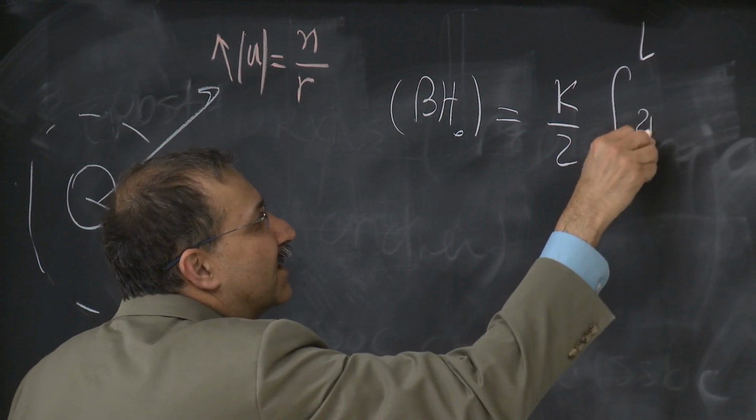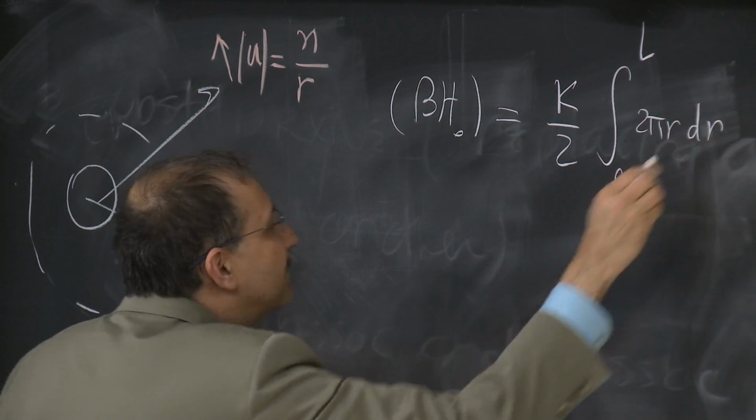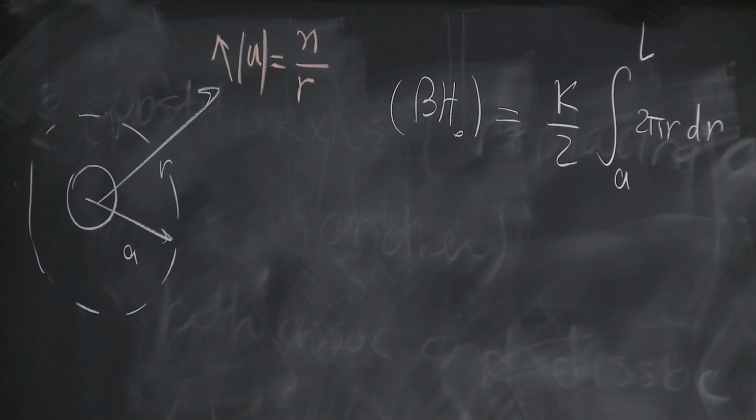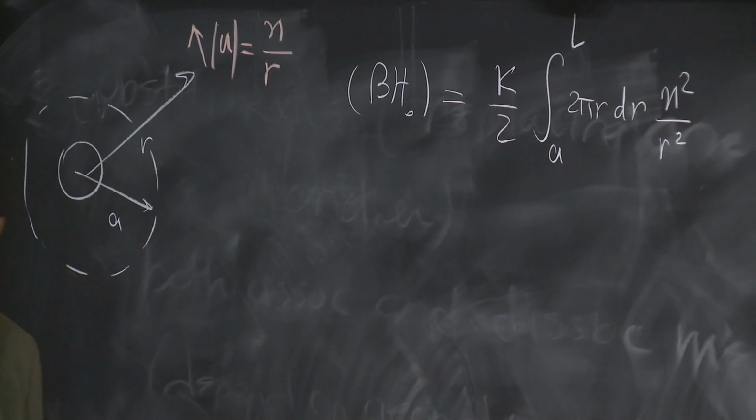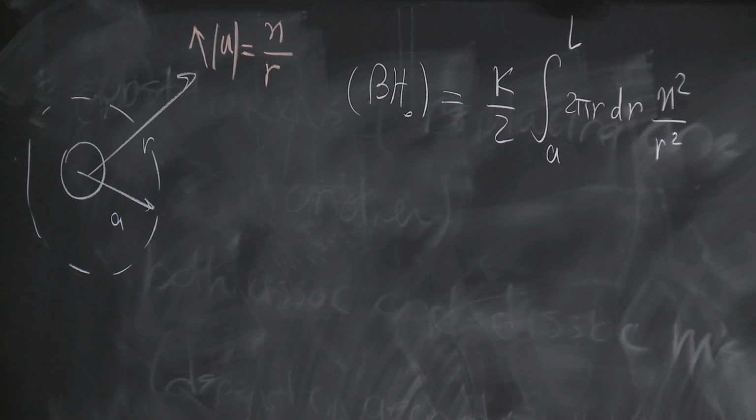I have 2 pi r dr from a shell at radius r, magnitude of this u squared, so I have n squared over r squared. But then I have to worry about all of the actual things that I have up to distance a.